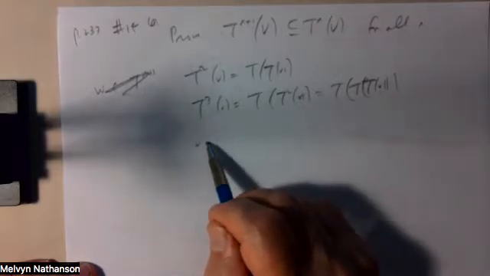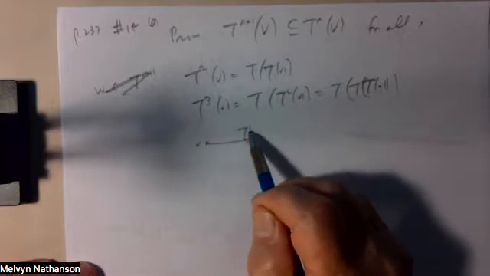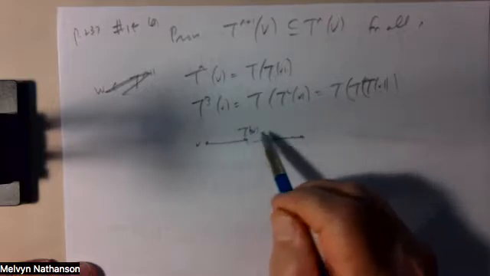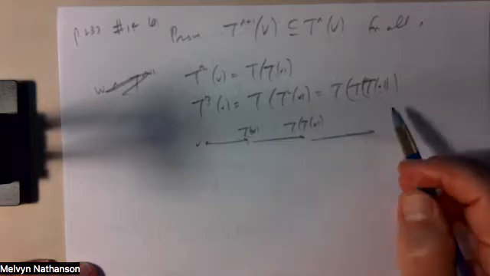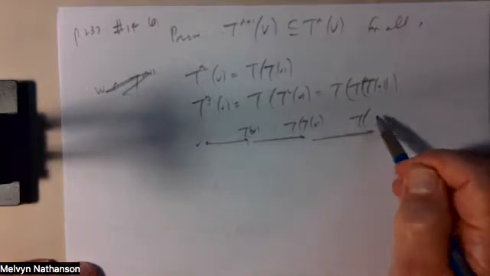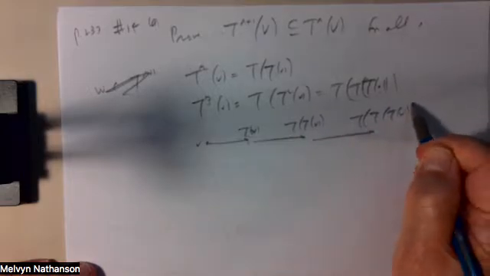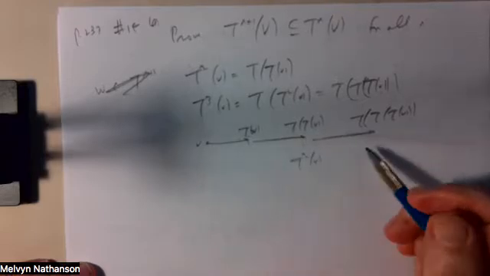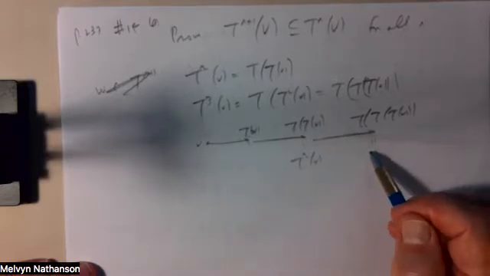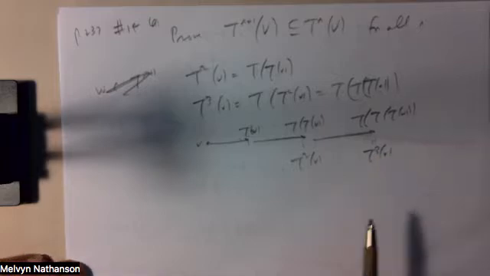Like you have V goes to T of V, and then you apply T to this, you get T of T of V. And then you apply T again, you get T of T of T of V. T of T of V is just the definition of T squared of V, and this is the definition of T cubed of V.